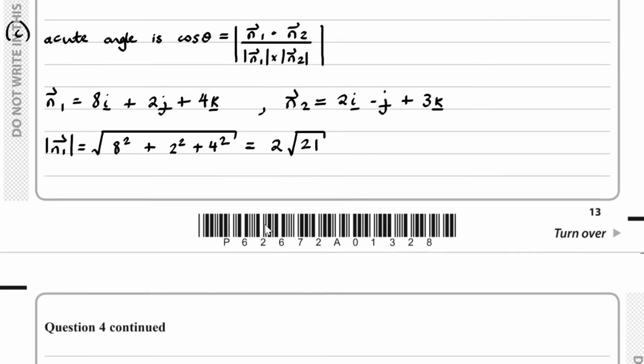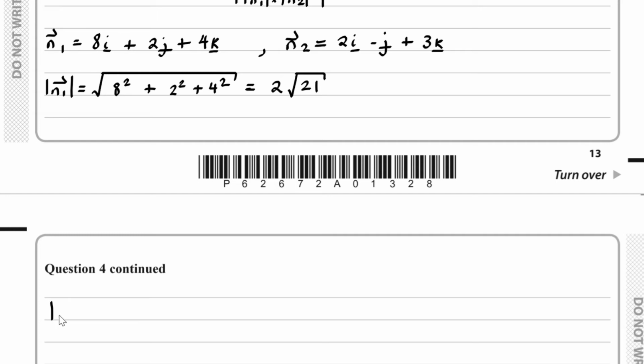And we can do a similar thing for the magnitude of n2. That's equal to 2 squared plus minus 1 squared plus 3 squared, all square rooted. So we've got 4 plus 1, that's 5, plus 9, that's 14, so we've got the square root of 14.